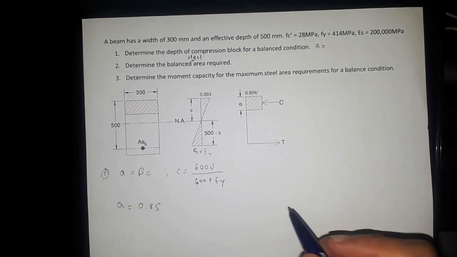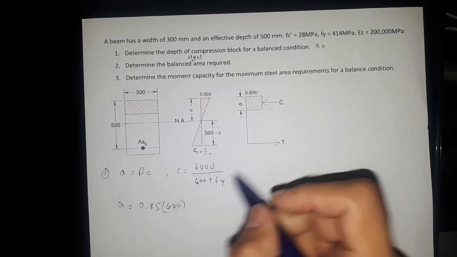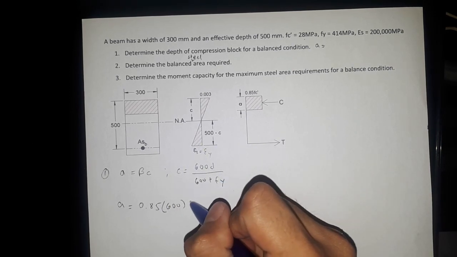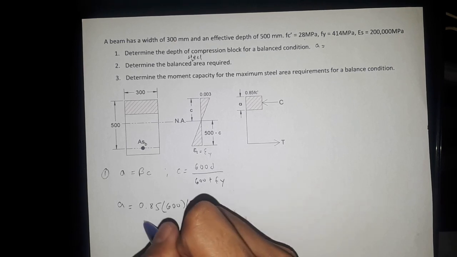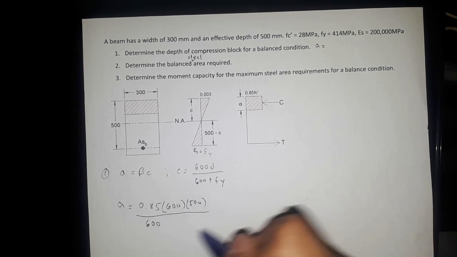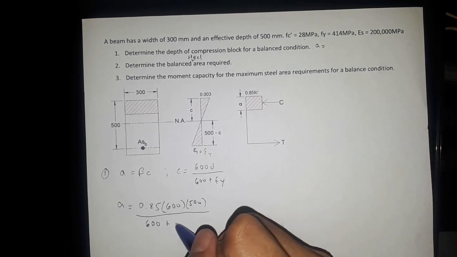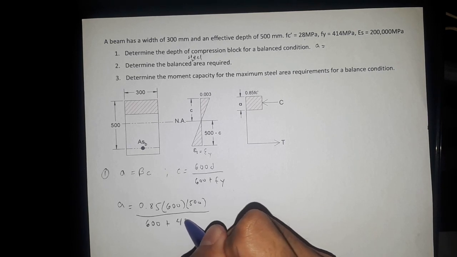So, multiplied by 600, the value of d is 500, divided by 600 plus our Fy, which is 414.